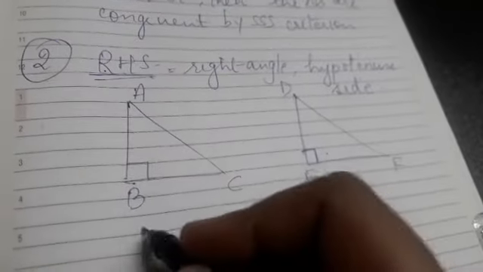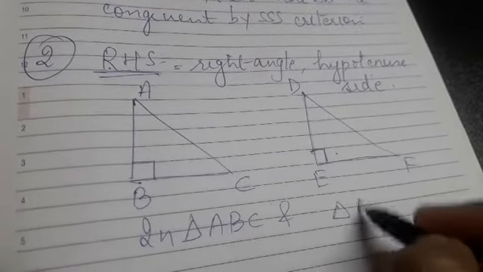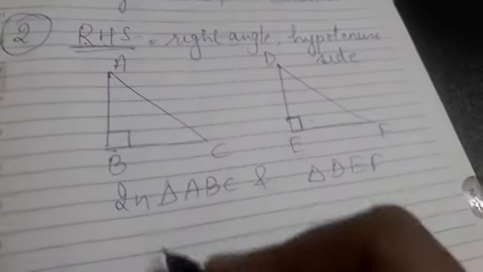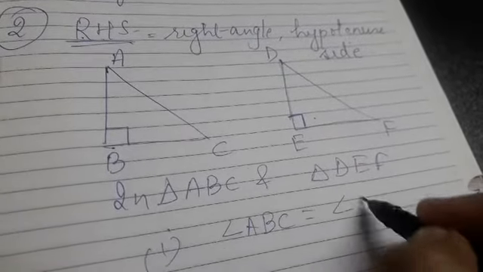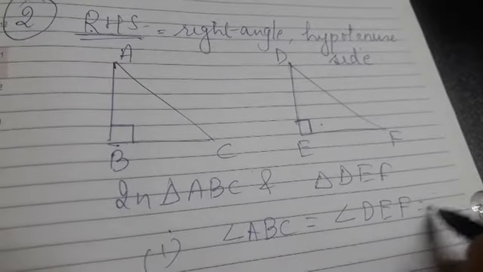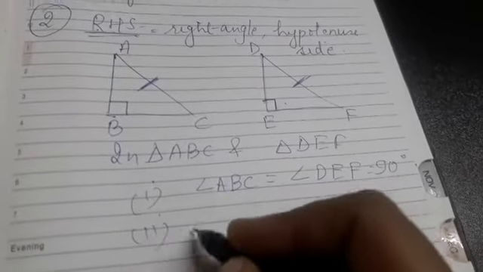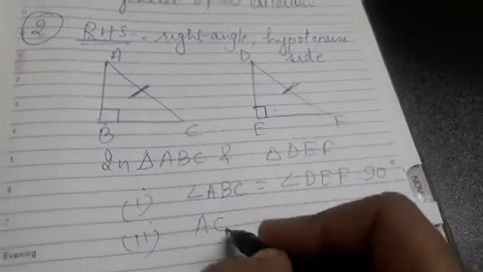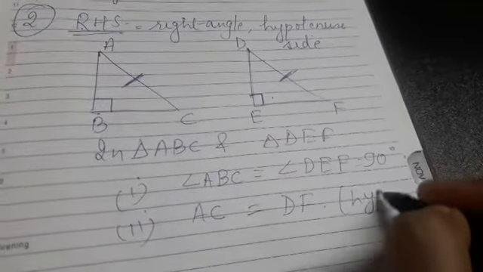So in triangle ABC and triangle DEF, first point, angle ABC is equal to angle DEF equals 90 degrees. Then it is given that this side, that is hypotenuse, AC is equal to DF. So the second point will be AC is equal to DF, which is hypotenuse.